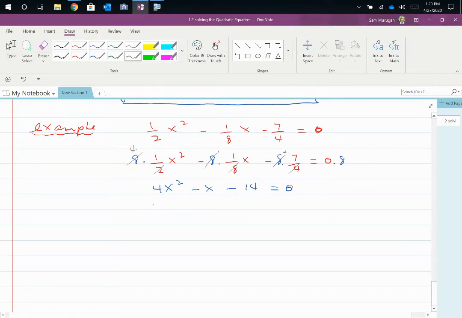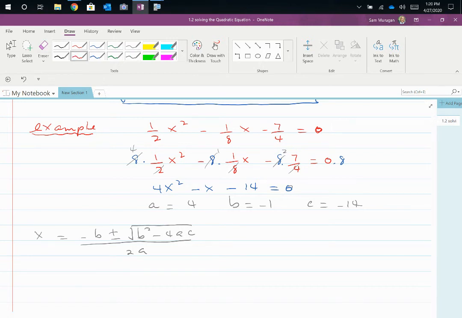Here we would go ahead and identify A is equal to 4, B is equal to negative 1, and C is equal to negative 14. Write your formula down, minus B plus or minus the square root of B squared minus 4AC over 2A. And then take one step to substitute everything.